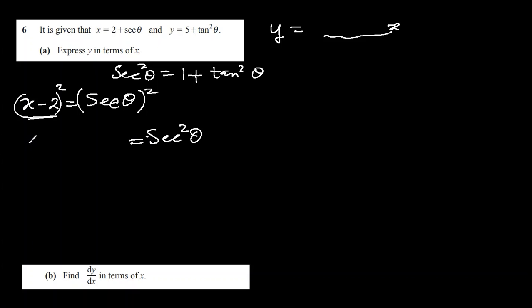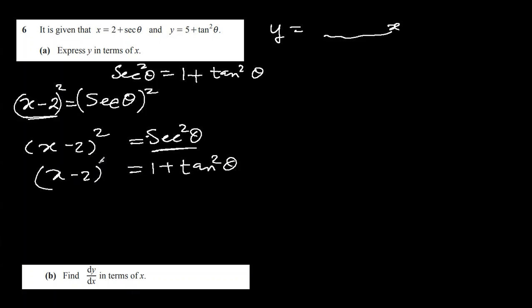Square of this, which is, okay, let's leave it like this, x minus 2 square. Now, since this secant square theta is 1 plus tan square theta, x minus 2 square will be 1 plus tan square theta. So tan square theta becomes x minus 2 square minus 1.